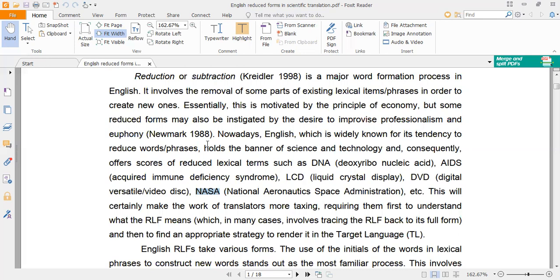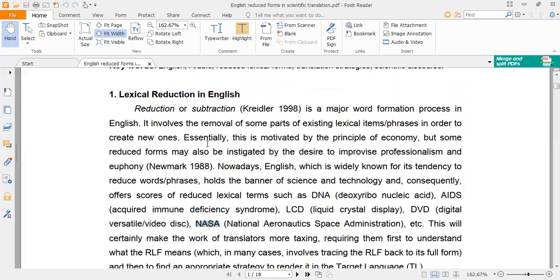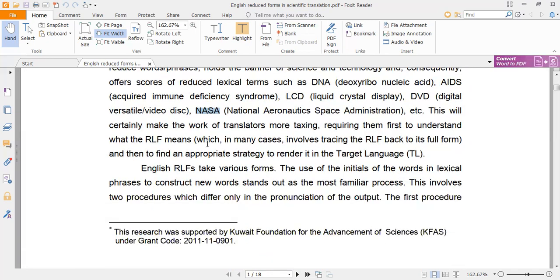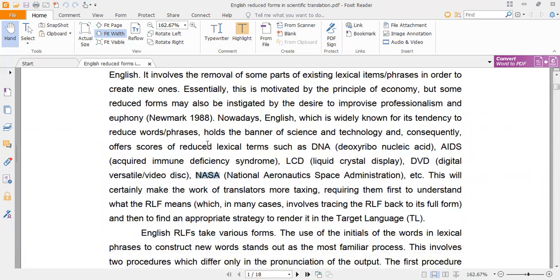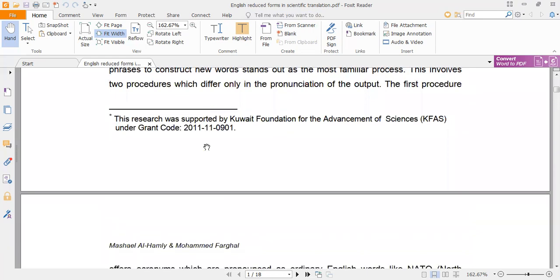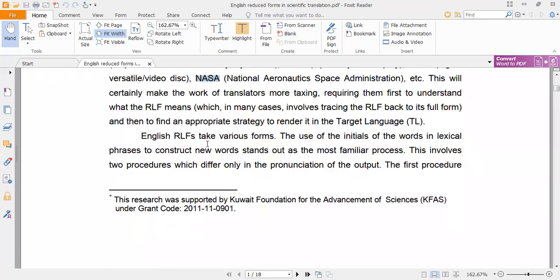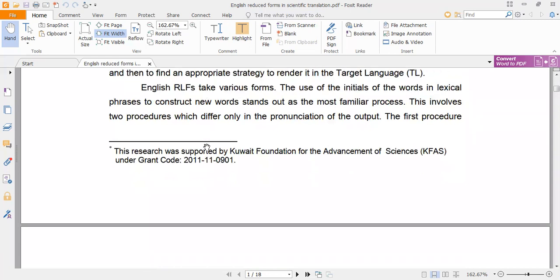So we have so many acronyms, so many abbreviated or reduced forms from English which can't be translated as reduced forms into Arabic, because Arabic limitedly uses reduction as a word formation process.